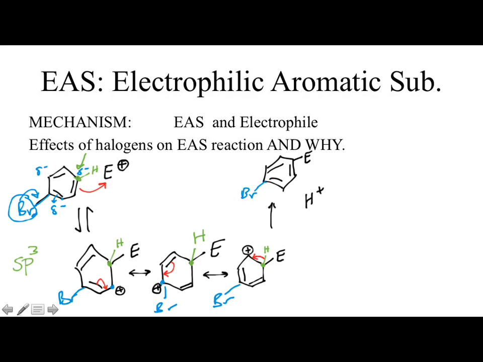When it comes to the mechanism, we just showed the EAS mechanism. The other mechanism that you're officially responsible for is forming the electrophile, which was our NO2+. That was that acid-base reaction. Should I draw that one out too? I'm going to erase everything.